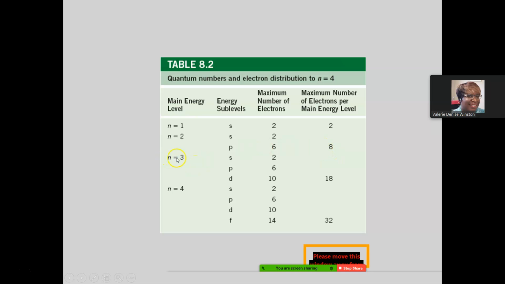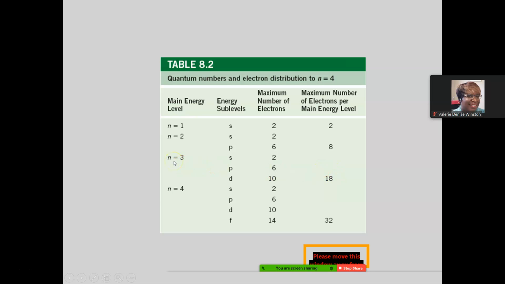When n is equal to 3, you have only one s, which can have 2 electrons, one spin up, one spin down. 3 p's, each holding 2 electrons, for a total of 6. D can have 5, but they have 2 electrons each, so that's a total of 10. So you have 10 and 6 and 2, a total of 18 electrons when n is equal to 3.